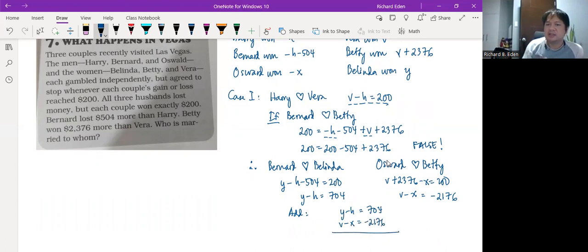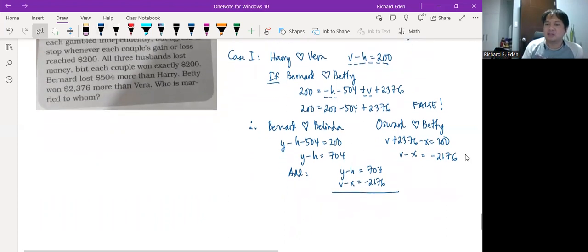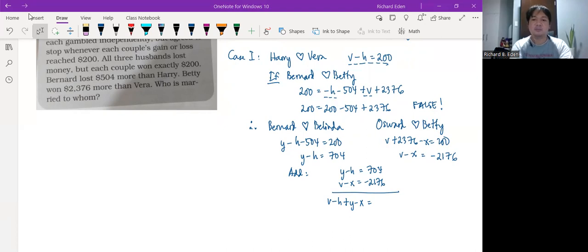What I noticed is that if I add these, lalabas dito nung v minus h plus y minus x equals, and then this is something that you can use arithmetic on. I'll get a calculator. 704 minus 2176 equals negative 1472. But then v minus h is 200. So that means y minus x is negative 1672.